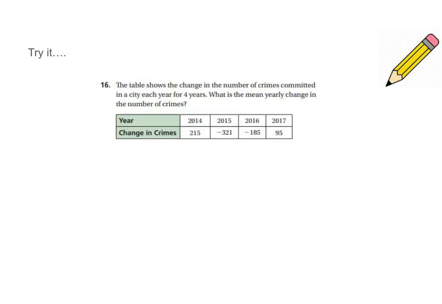Now it's your turn to try it. The table shows the change in number of crimes committed each year for 4 years. What is the mean yearly change in the number of crimes? So I'll help you get this one set up, and then I'll let you do it on your own. Average is the sum of all the numbers divided by the number of numbers.